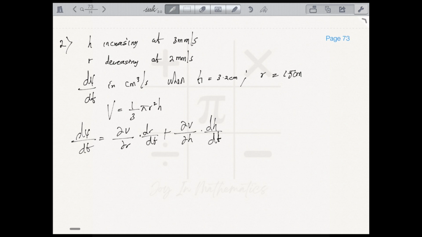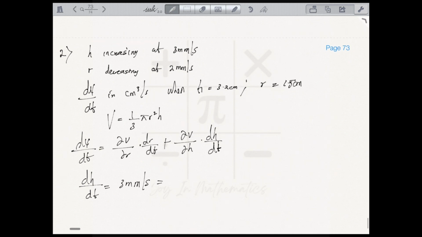Now since the height is increasing at 3 millimeters per second, therefore dh/dt is equal to 3 millimeters per second, and converting this to centimeters per second, it gives us 0.3 centimeters per second, and therefore dh/dt is equal to plus 0.3.